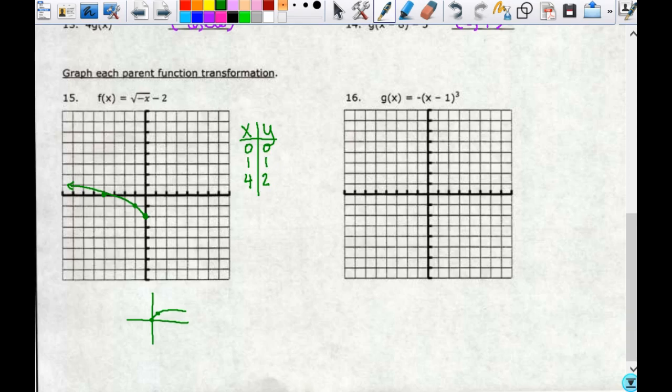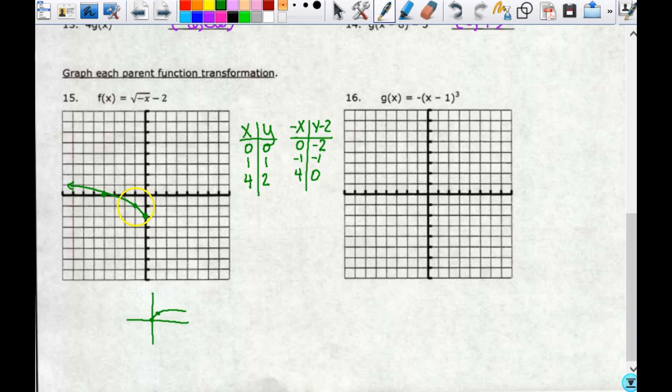But when I do this transformation, this actually becomes the opposite of x, and this becomes y minus 2. So this is 0, negative 1, negative 4. And this becomes 0 minus 2, which is negative 2. 1 minus 2, which is negative 1. 2 minus 2, which is 0.